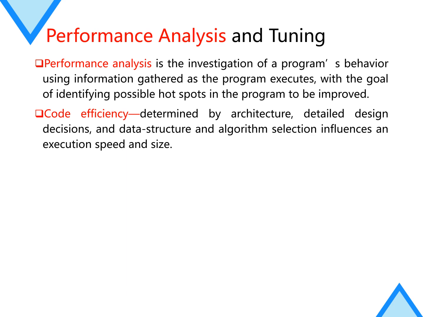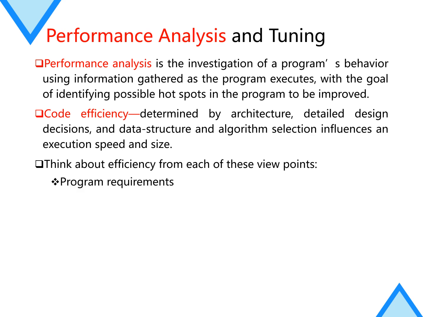But the most popular and related to our subject, software construction, is code efficiency. Code efficiency is determined by architecture, detailed design, decisions, and data structure and algorithm selection, which influence execution speed and size. Think about efficiency from each of these viewpoints.